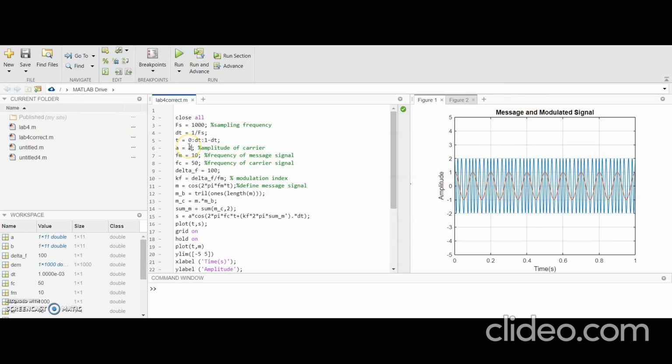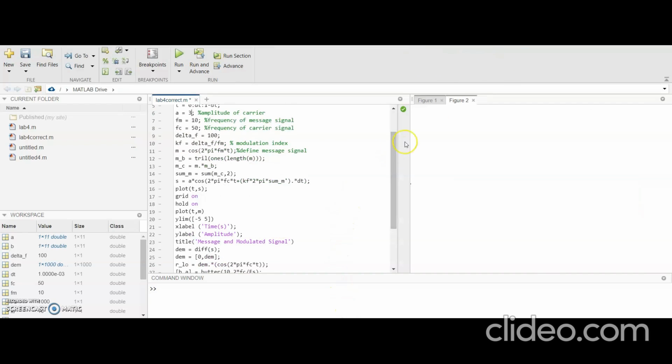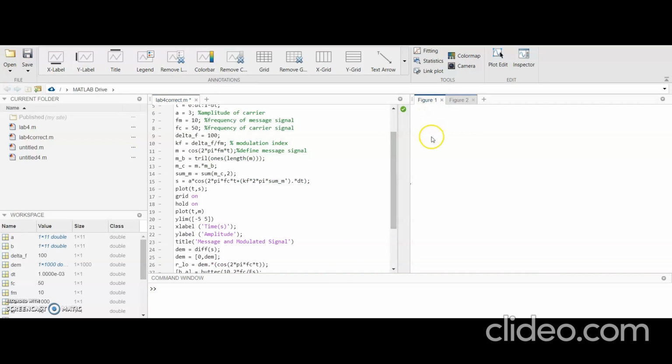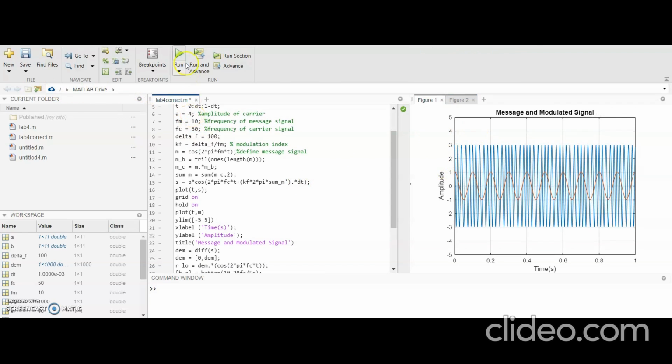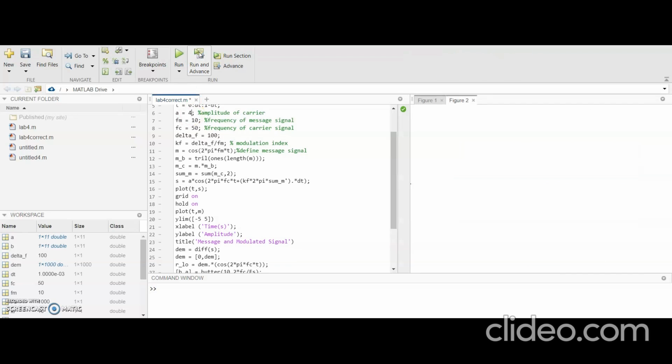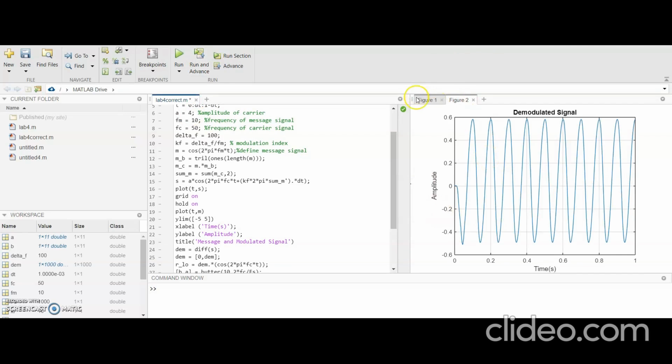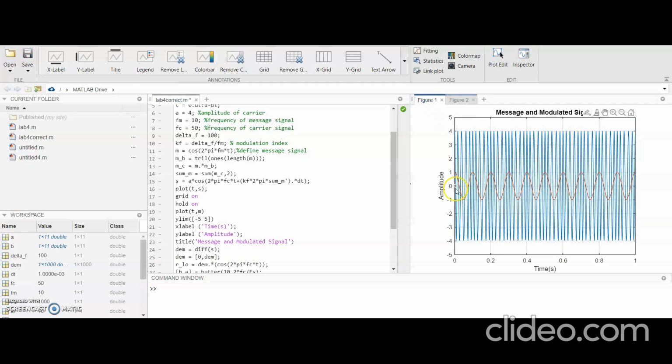When the amplitude of the carrier is 3, the amplitude of the modulated signal will become 3 as well, and when we change it to 4, the modulated signal amplitude will become 4 too.